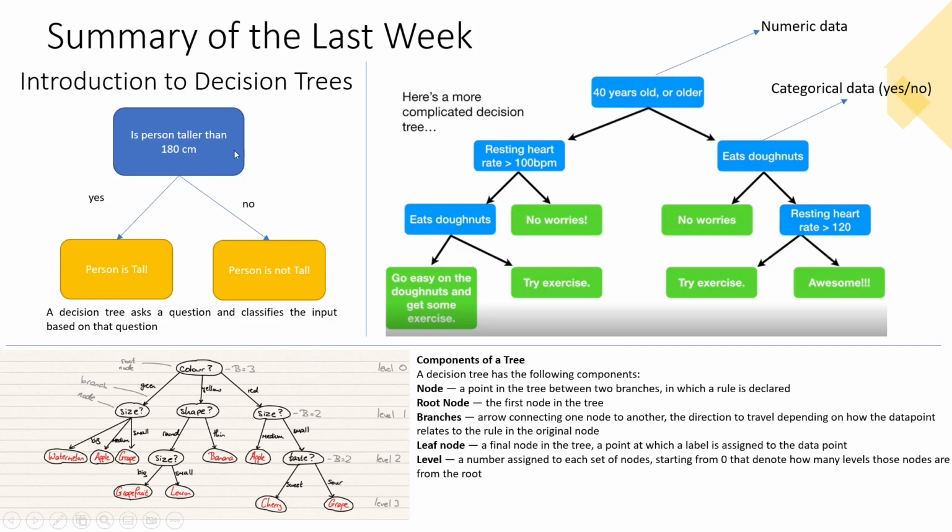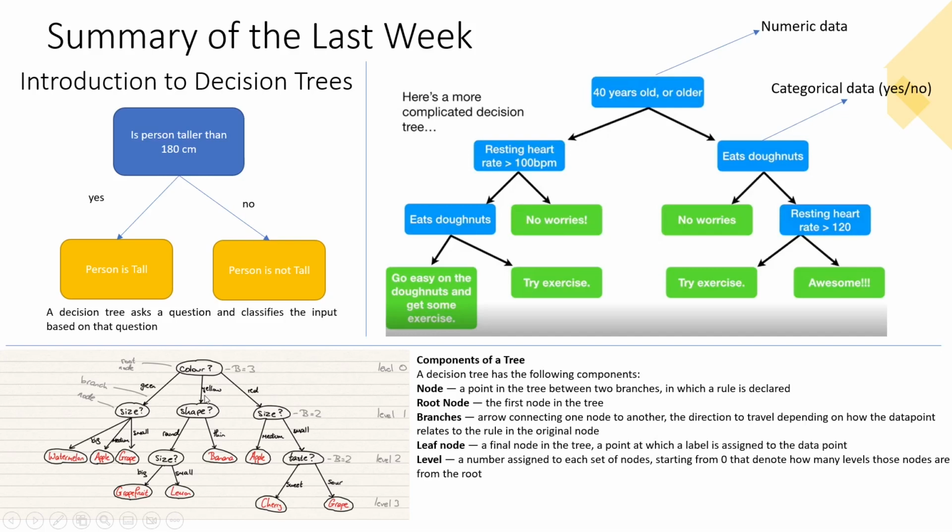And if the person is shorter than 180 centimeters, then we classify the person as not tall. And the tree doesn't need to be 2 levels. We have seen that we can have a much more complicated tree, and we can have both numerical data and categorical data within our tree.